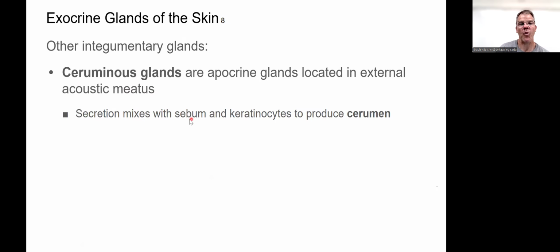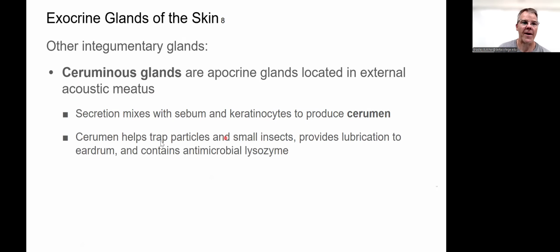So that mixes with oily sebum and the keratinocytes with keratin to produce cerumen, or earwax. This helps to trap particles, small insects, provides lubrication to the eardrum, and contains an antimicrobial lysozyme. That would be an enzyme that's helping to fight off any foreign bacteria that we don't want in our ears.